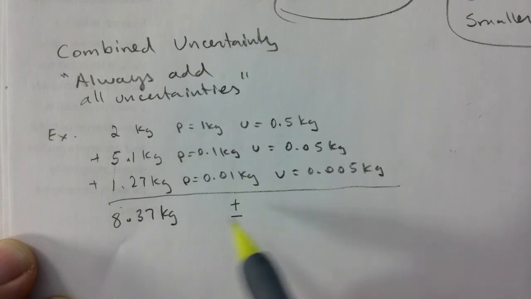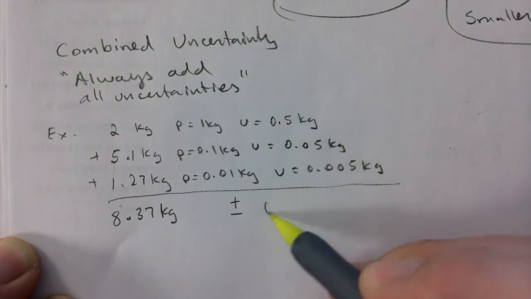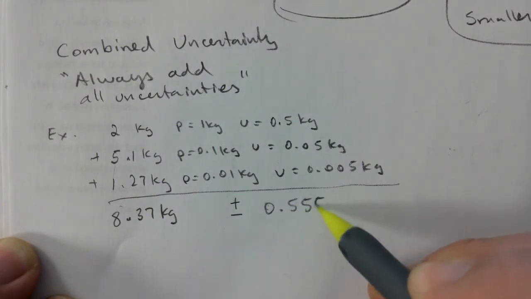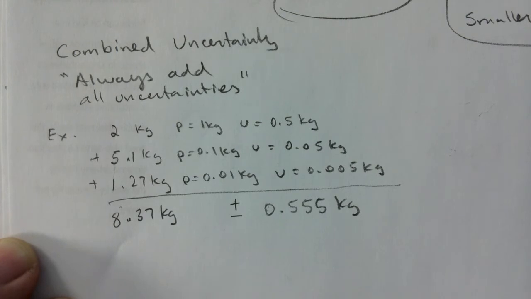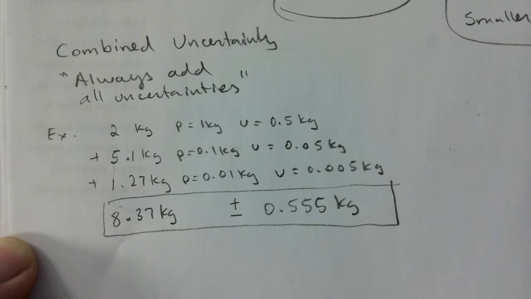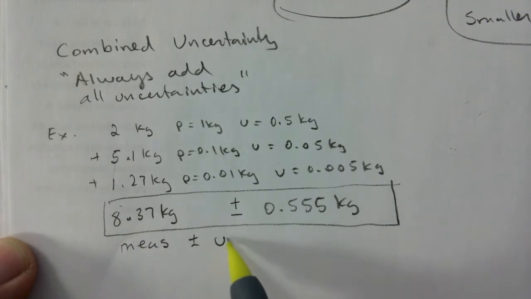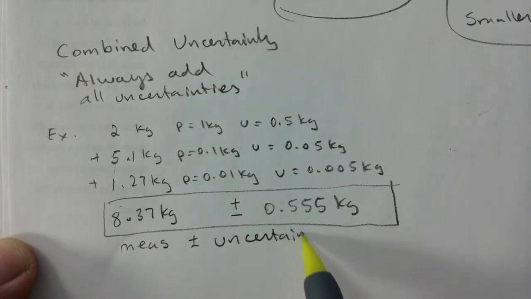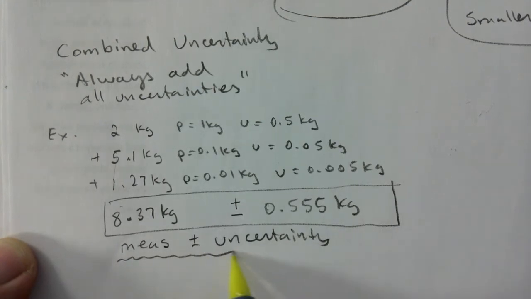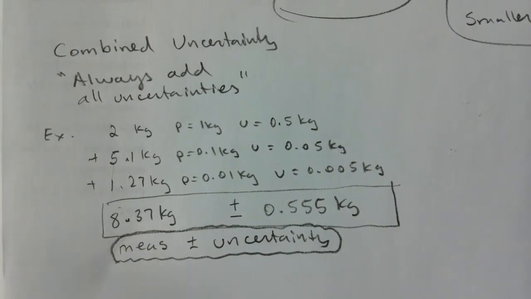So we're going to go plus or minus like this and just add these all up. And it just happens to be 0.555 again. It's not always going to be 0.555, so don't think that that's what it is, right? This is measurement plus or minus uncertainty. That's what we just did. Okay. That's what we just did there. And you get your min and your max out of that.